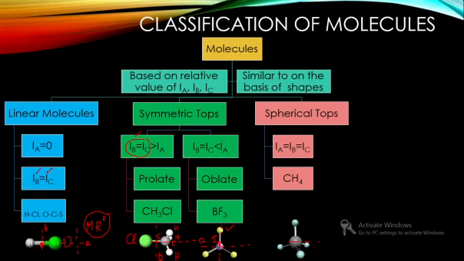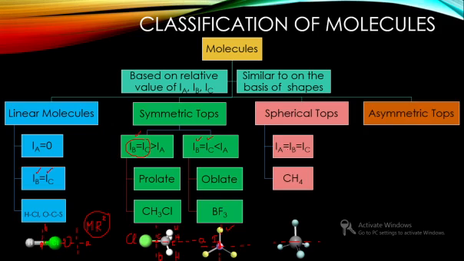If I rotate about this axis, there is also a symmetric arrangement. So that is why IB and IC are the same while IA is different. While in the case of CH4, in whatever direction I take the axis, whatever three mutually perpendicular directions, all the directions will give a similar appearance for the rotation, and hence the similar moment of inertia.